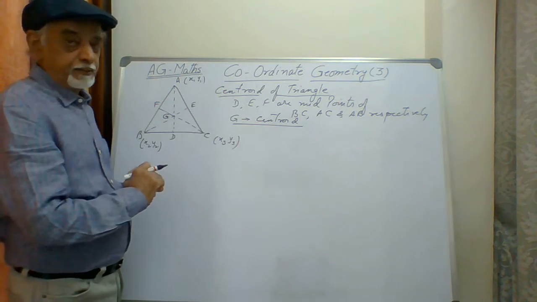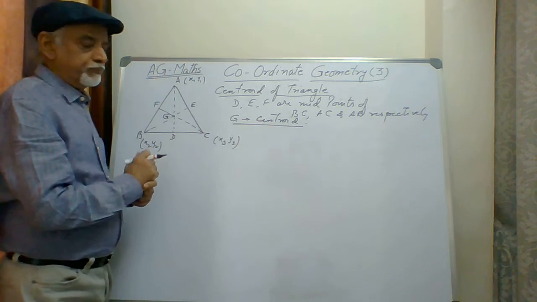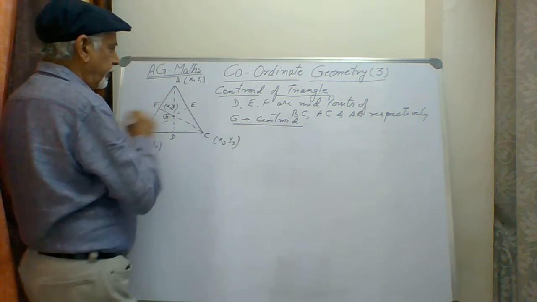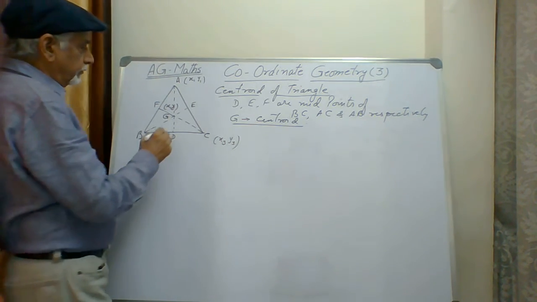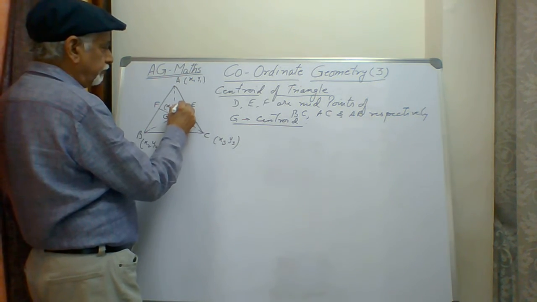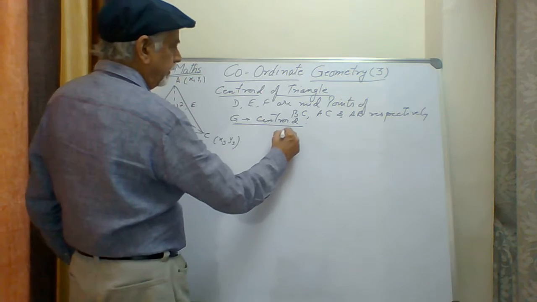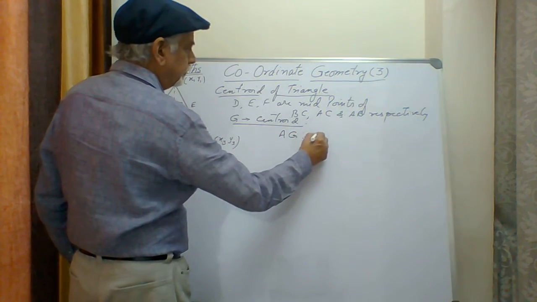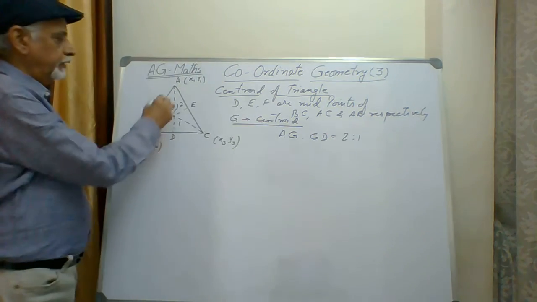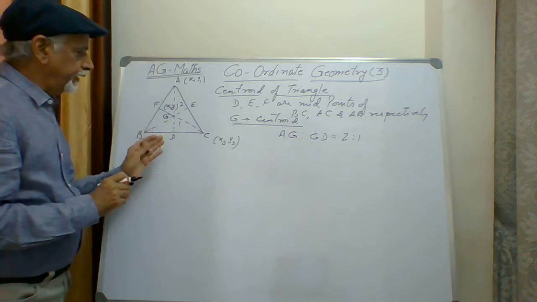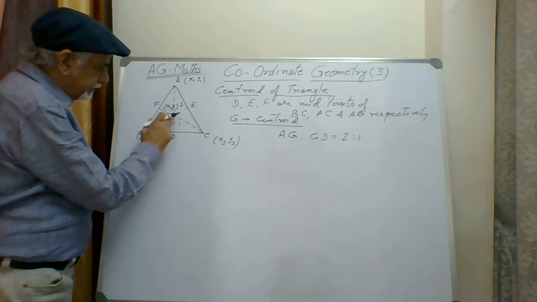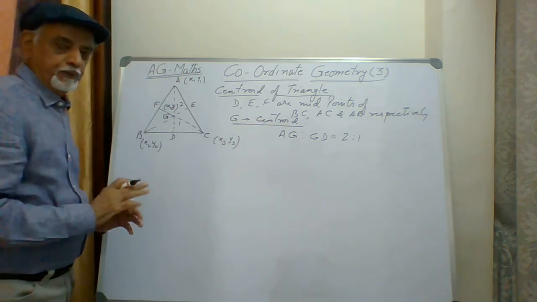If we have to find the coordinates for the centroid G, let us assume it is x comma y. Now this centroid divides the median AD in the ratio of 2:1. That is, AG is to GD is 2:1. Similarly, BG is to GE is also 2:1, and CG is to GF is also 2:1. It will always happen.